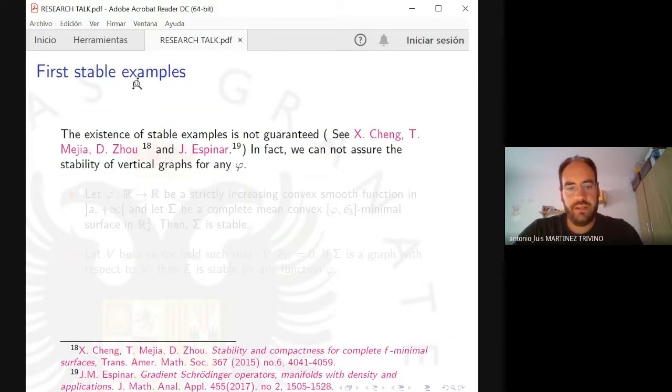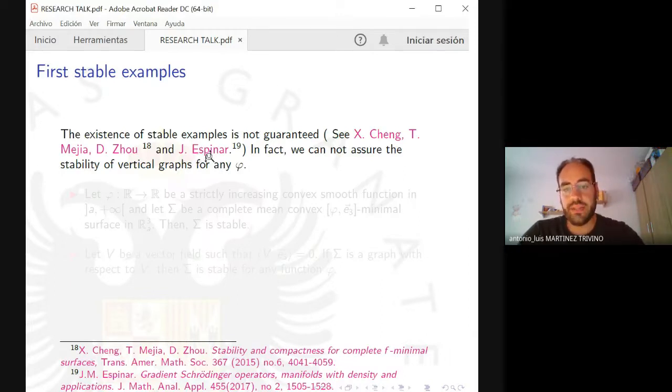Firstly, stable examples. Notice that the existence of stable examples is not guaranteed. For example, Chen, Mejia, and Zhu proved that if the function phi is less than or equal to a negative constant, then there are no stable examples with finite area.